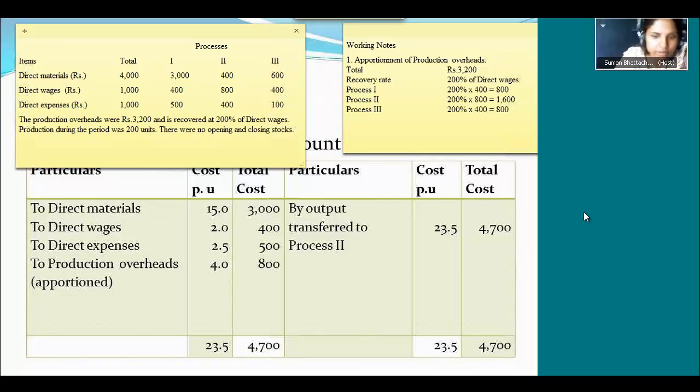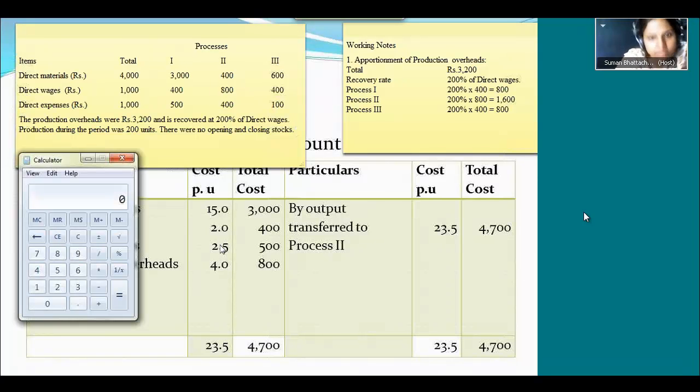Now we have to find out the total. First, the cost per unit: 15 plus 2 plus 2.5 plus 4 comes to 23.5 rupees.